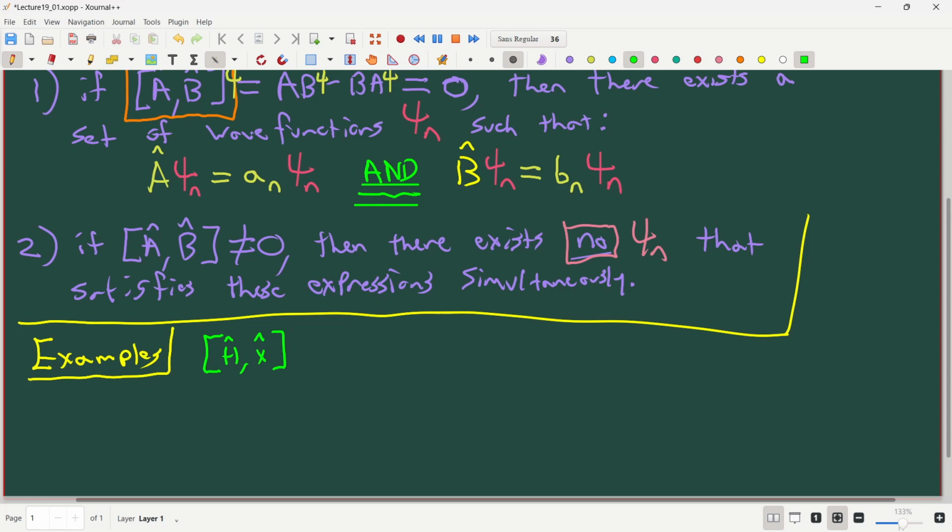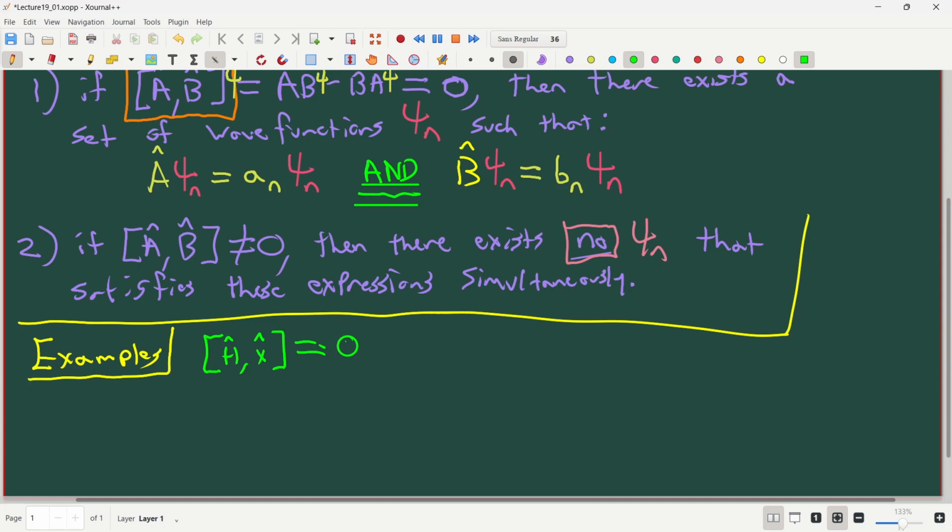We've been solving wave functions with the Schrodinger equation, right? We find wave functions that satisfy the Schrodinger equation for H, and then we're measuring X on it all the time. We did that in homework 3, we did it in homework 2. So this is equal to 0, right? We've implicitly assumed this, that we can measure both of these simultaneously, and it's 100% true. It's not hard to show this.